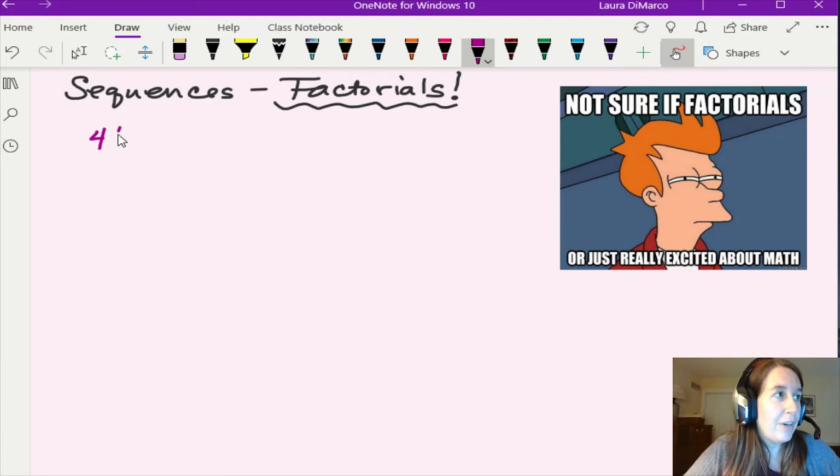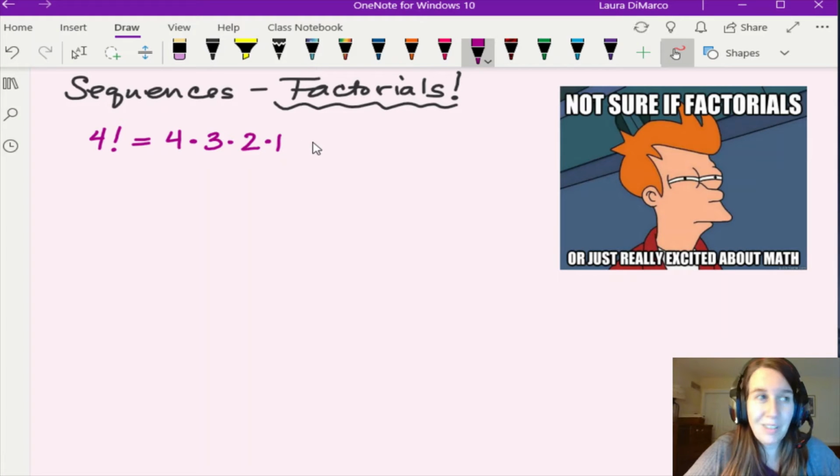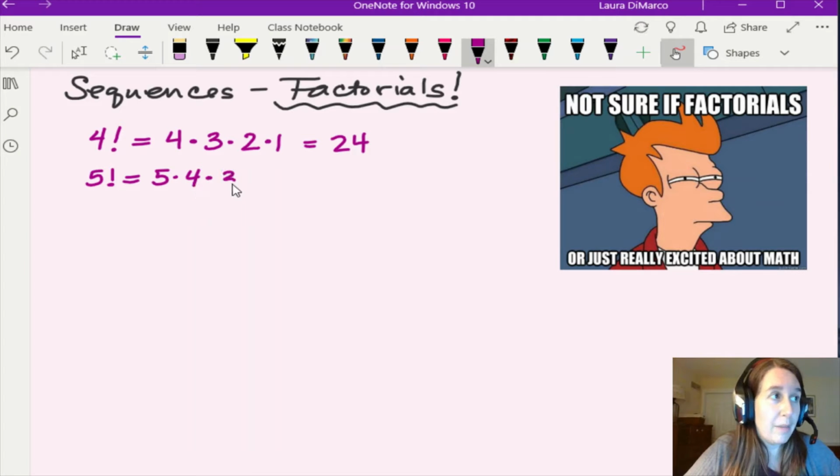4 factorial means 4 times 3 times 2 times 1. It's just a product that you work out. So that's 12 times 2, 24 times 1, so 24. Now 5 factorial is 5 times 4 times 3 times 2 times 1.